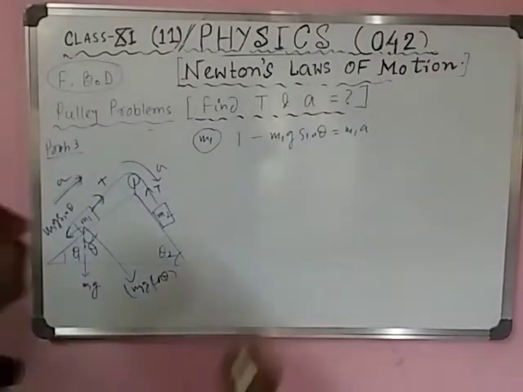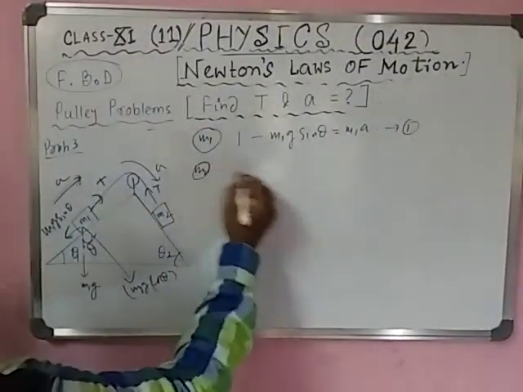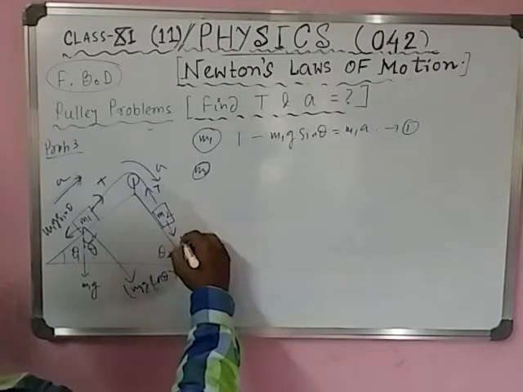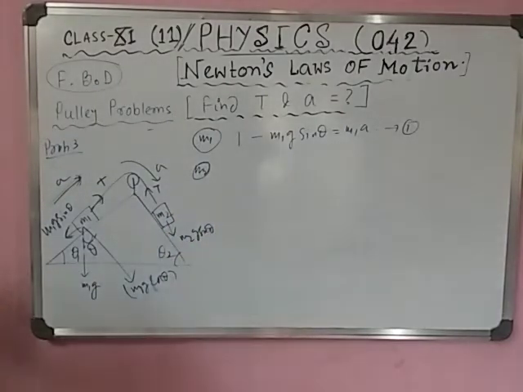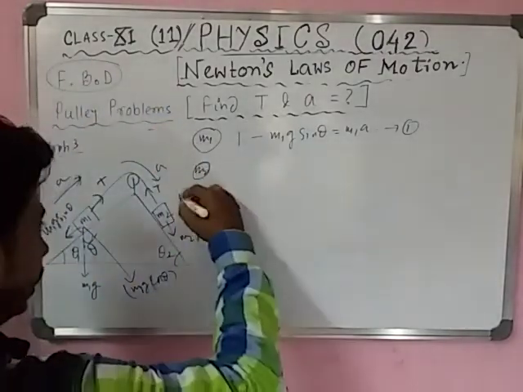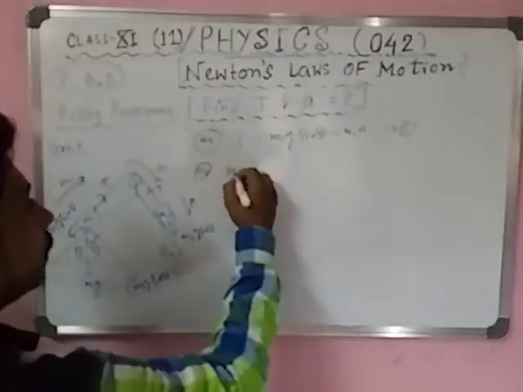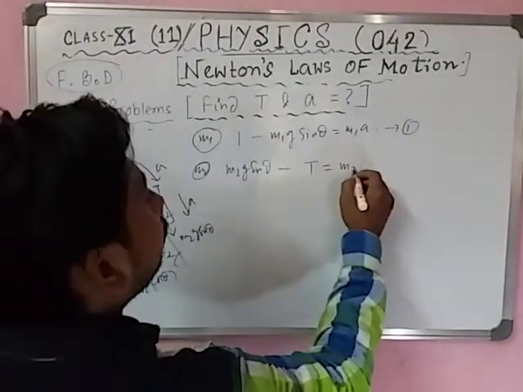This is equation number 1, and equation number 2 is for m2. Similarly, m2g sine theta is in this direction, tension in the upward direction. So m2g sine theta is greater than tension, and you write m2g sine theta minus tension equal to m2a.